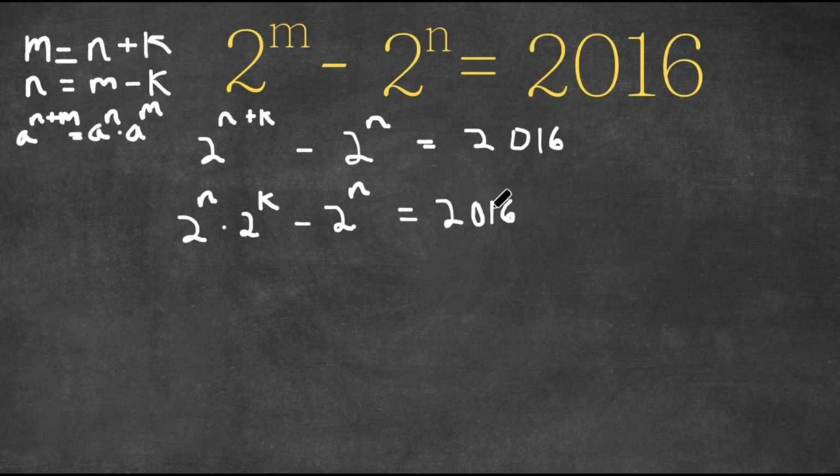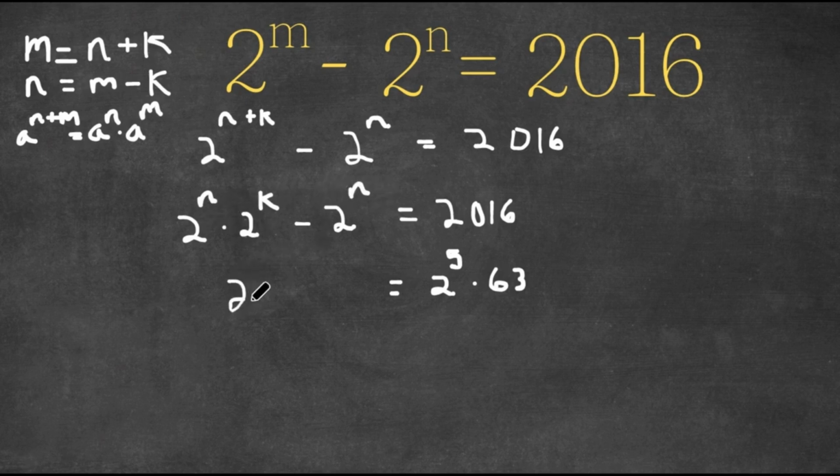Now I'm going to rewrite 2016 as 2 to the power of 5 times 63. And I'm going to factor out 2 to the power of n from this.